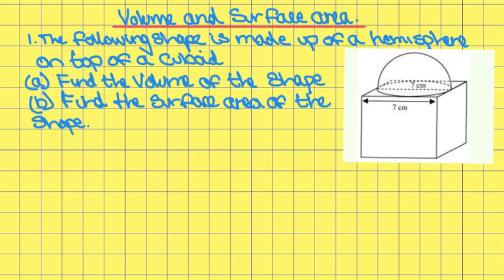That is also 7 centimeters. The radius is half of the diameter, so the radius will be 3.5 centimeters. The first thing we want to do is find the volume of the shape.